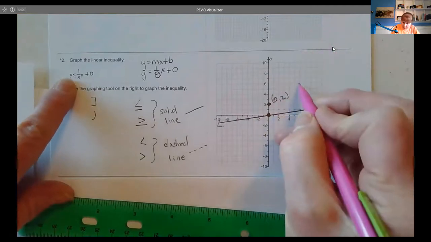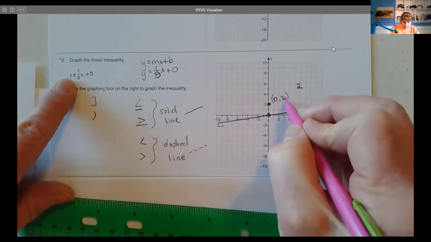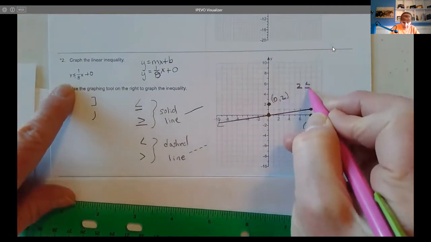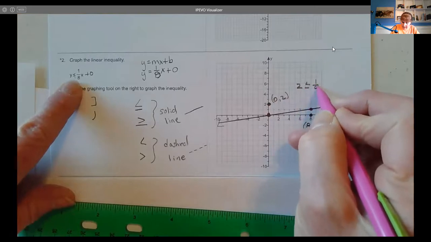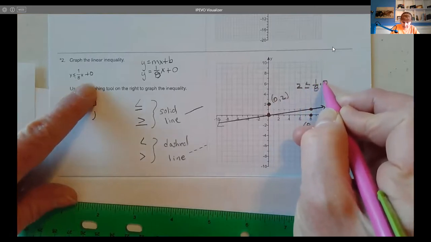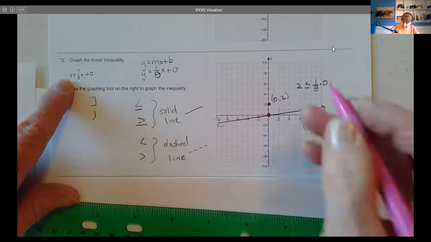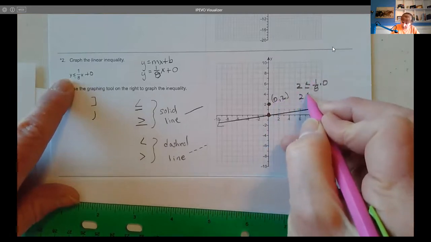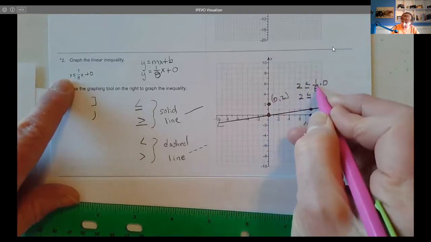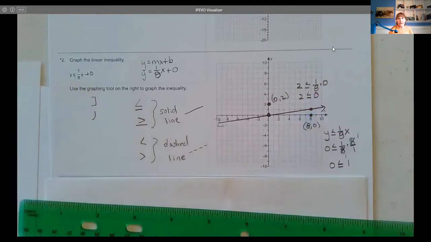So I have 2 less than or equal to 1/8 times 0. Is 2 less than or equal to 1/8 times 0, which is 0? Is the number 2 less than 0?